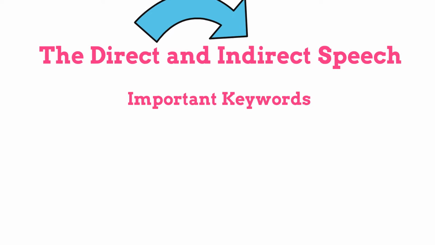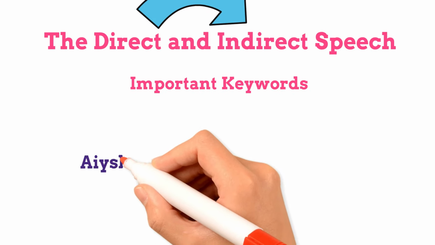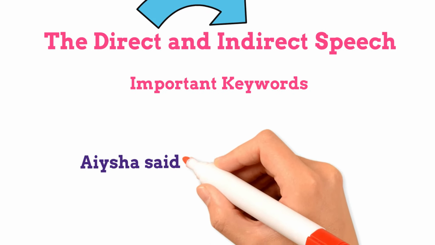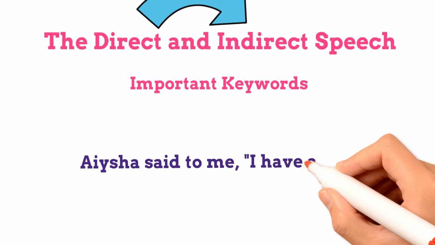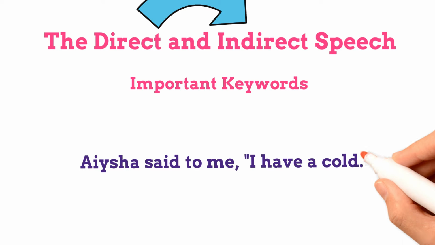Let's explore these keywords through this example. Aisha said to me, comma, inverted comma begins, I have a cold, inverted comma closed. Can you identify the speech of this sentence? I hope you have identified this sentence as the direct speech. Yes, there are the quotation marks, and this statement comes directly from the speaker.